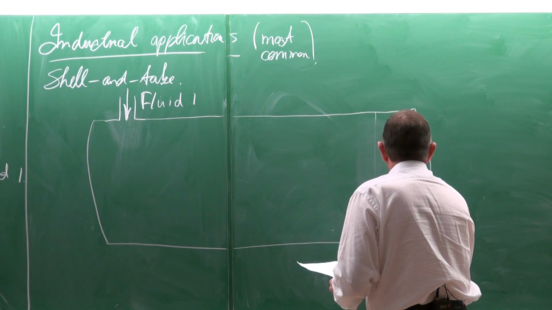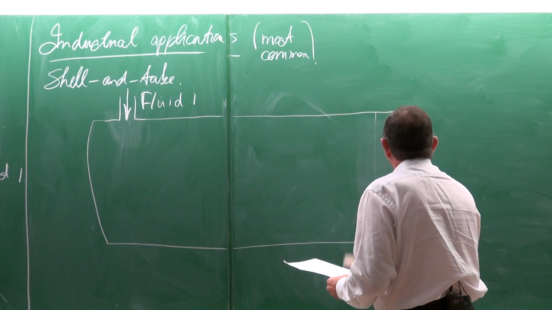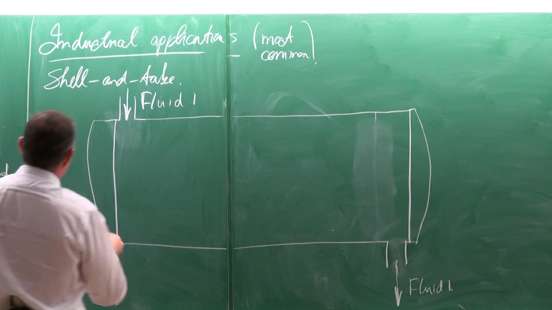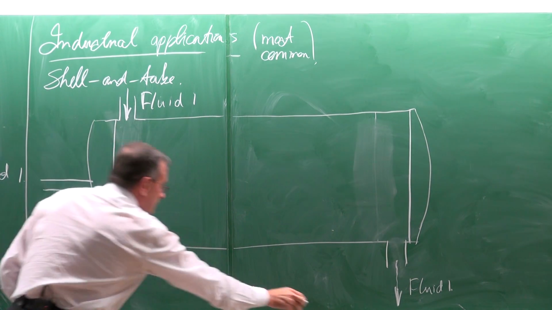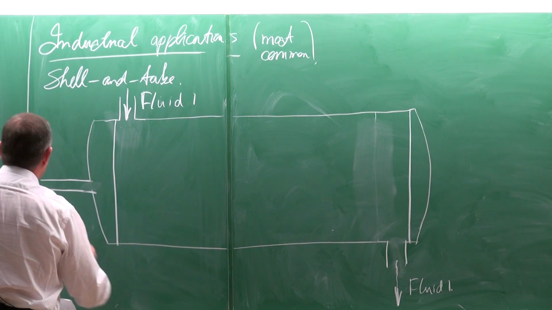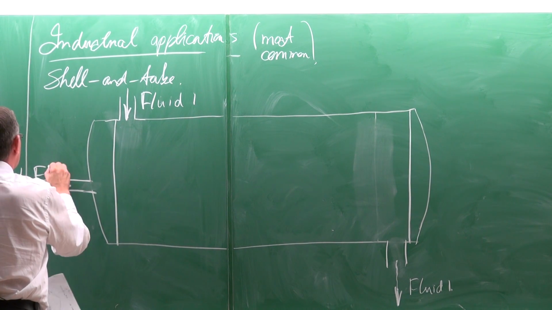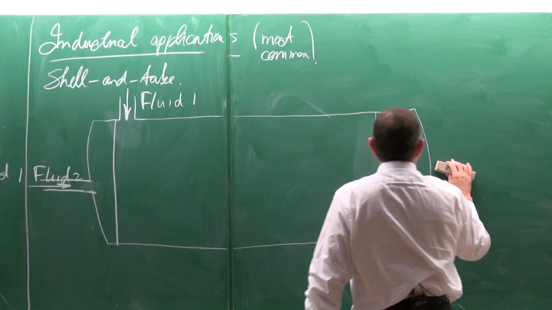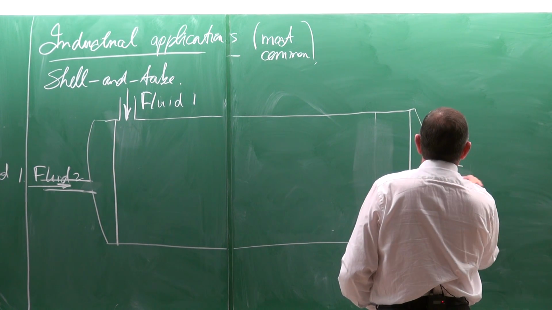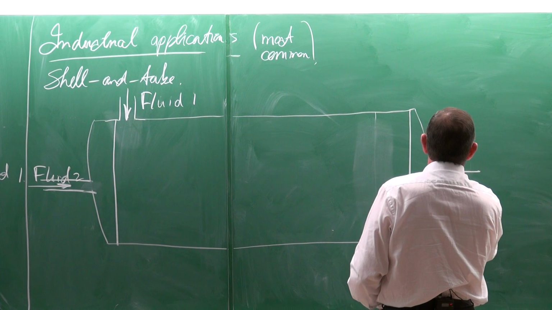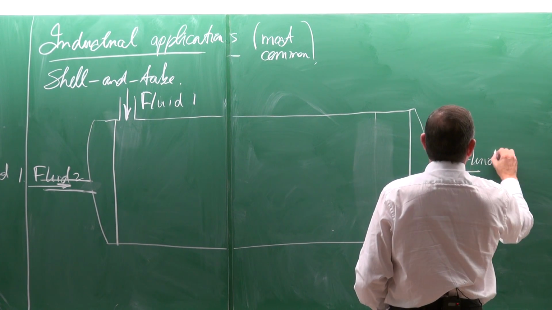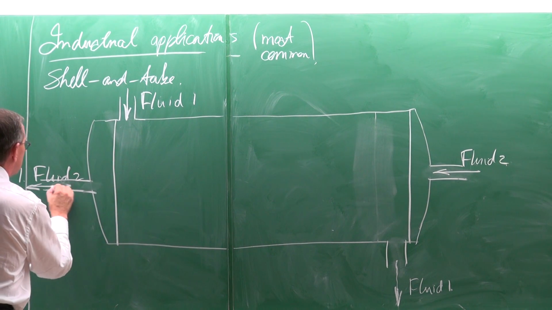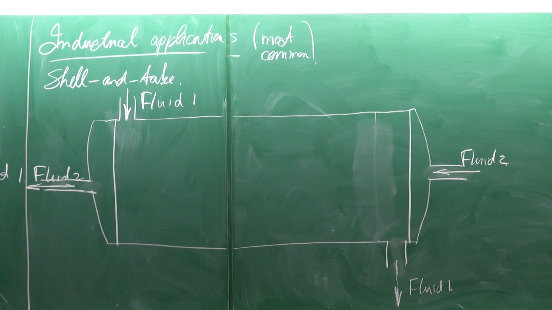Let's rather put it here, on that side, like that. There and there, typically like that. And in here, we will get fluid 2 coming in like that. And there also, let's rather make the inlet there for fluid 2, and then it should go out there, so that it is sort of in a counterflow direction.